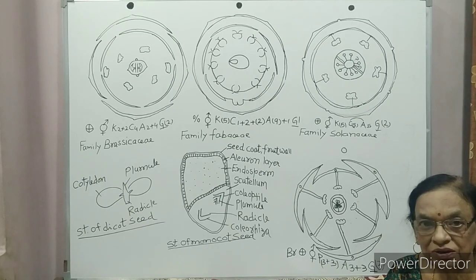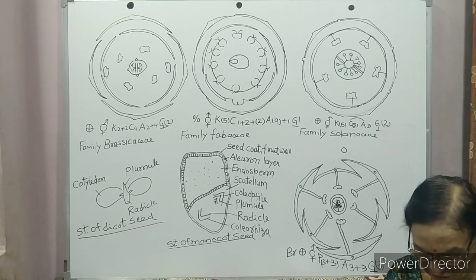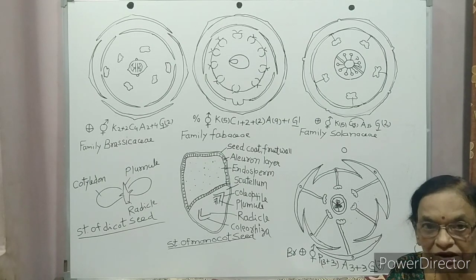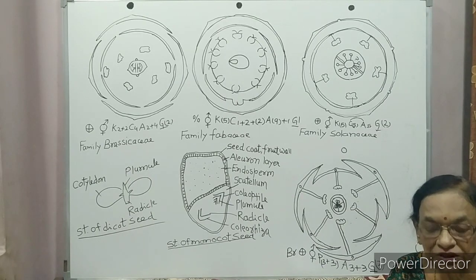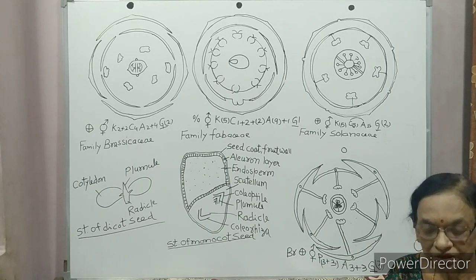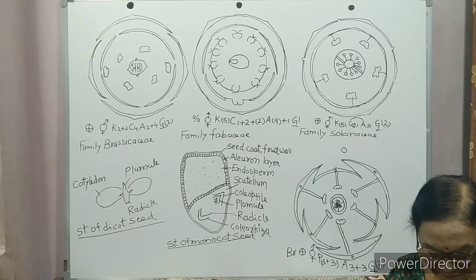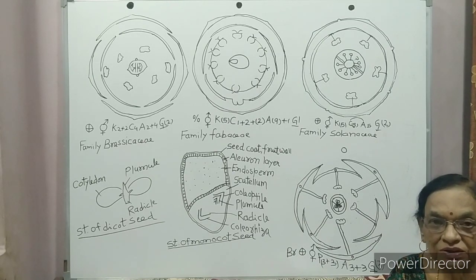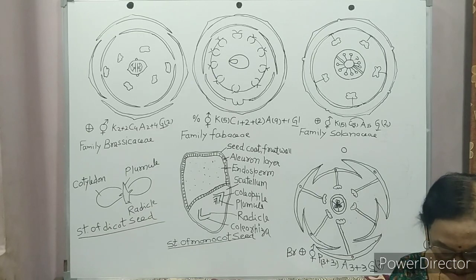Dye, indigofera, which we call gari or neel in Hindi, gari in Gujarati. Fiber, sun hemp, sutli. Fodder, sesbania, trifolium. Ornamental, lupin, sweet pea, and medicine, mulethi.